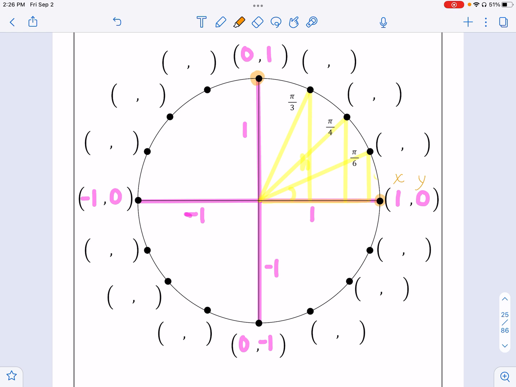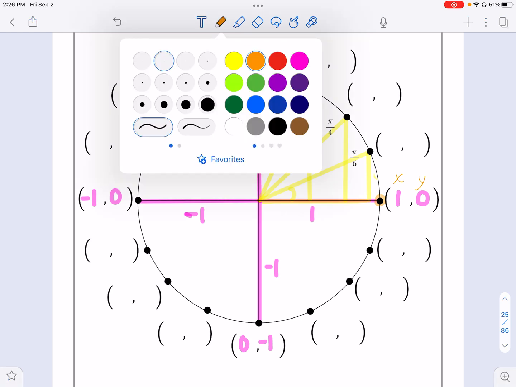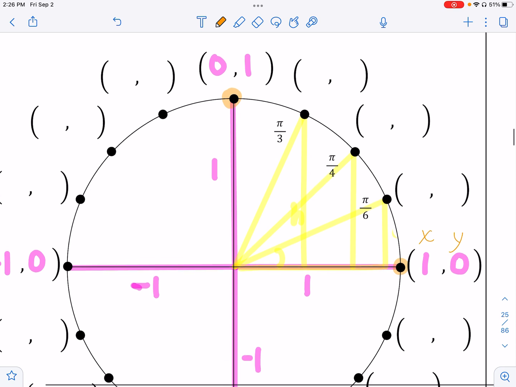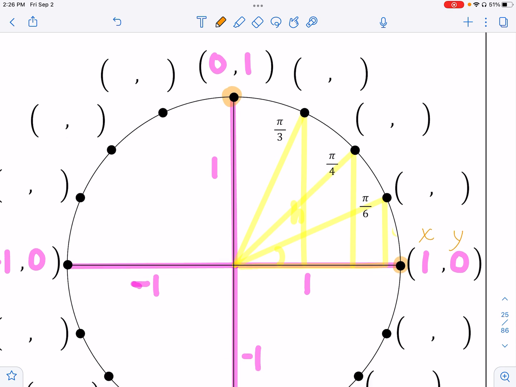In fact, there is a really great trick for figuring this out. I'm going to make this a little bigger so you can see my writing, but I'm going to zoom in just on this first quadrant, and then we'll worry about the other quadrants. So if I think about sine as being height, I can think of this height over here as being radical 0 over 2.